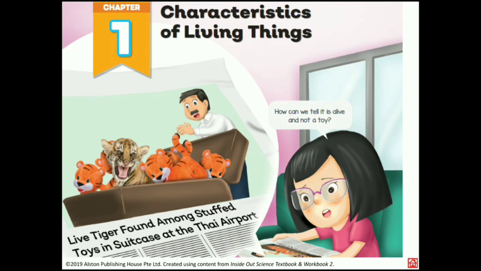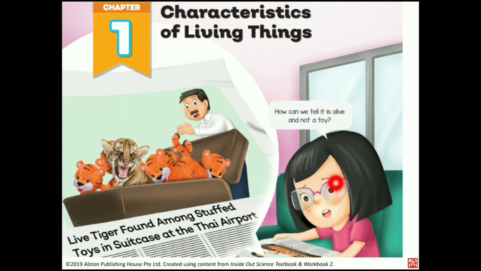Today we are looking at the characteristics of living things. We are going to look at what is living and what is non-living. In this picture we can see a girl, a man, some tigers, and a newspaper.